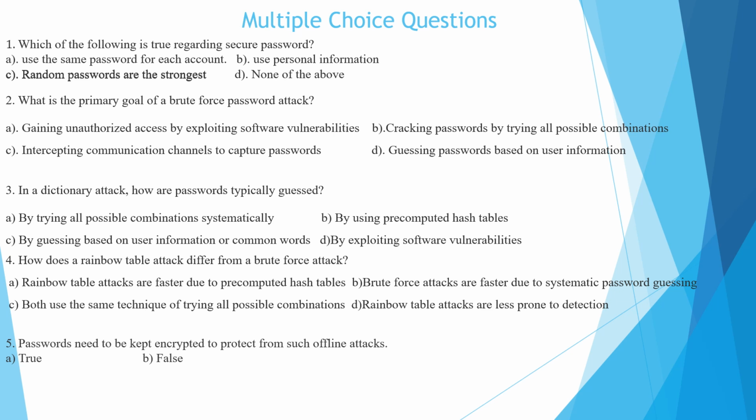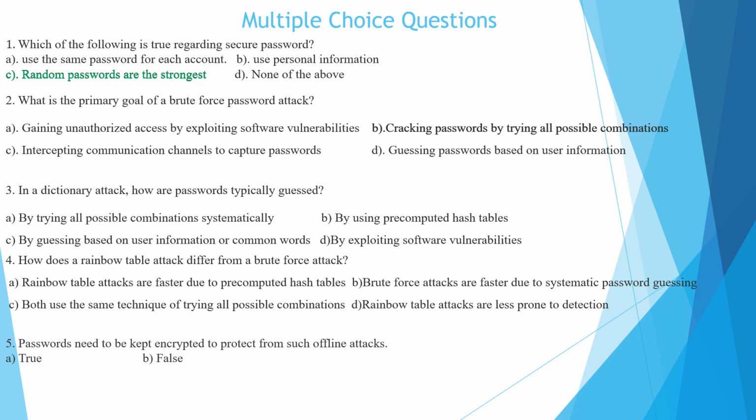And option D, guessing passwords based on user information. As we discussed, in a brute force attack, all the possible combinations are tried by the attacker. So the correct answer is cracking passwords by trying all possible combinations.